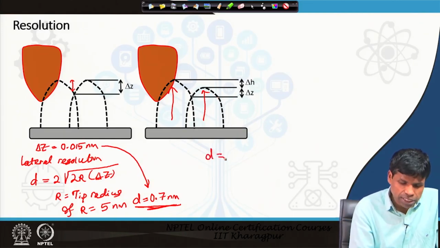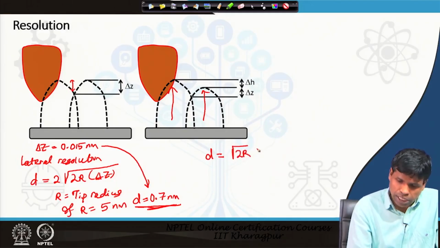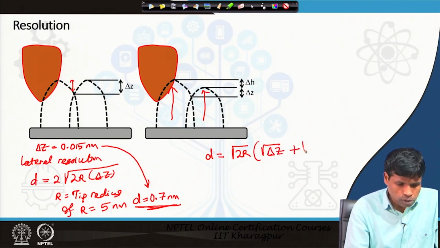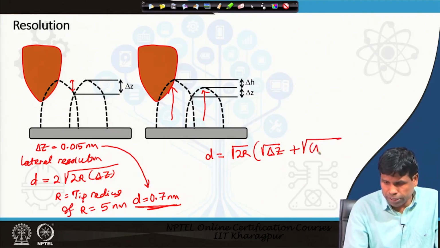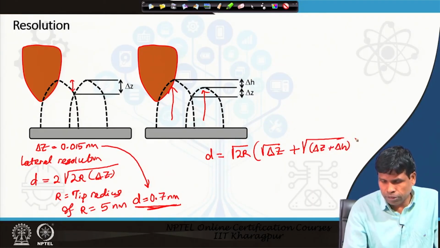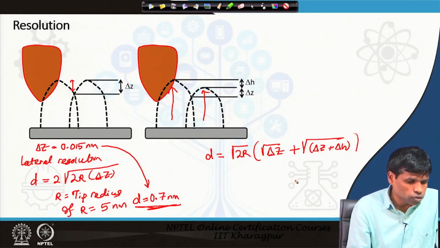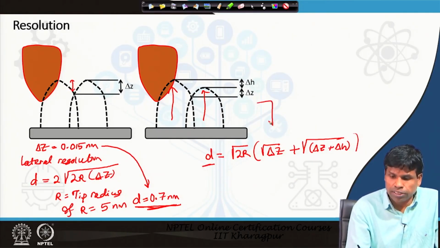In this case, d will be equal to root over 2r, then bracket, root over del z plus root over del z plus del h. This will be the value of our lateral resolution d for this case.